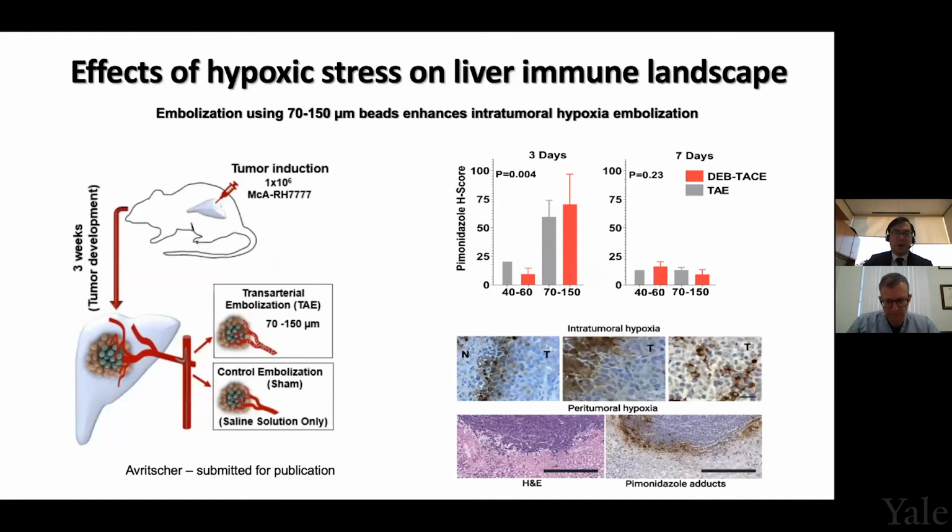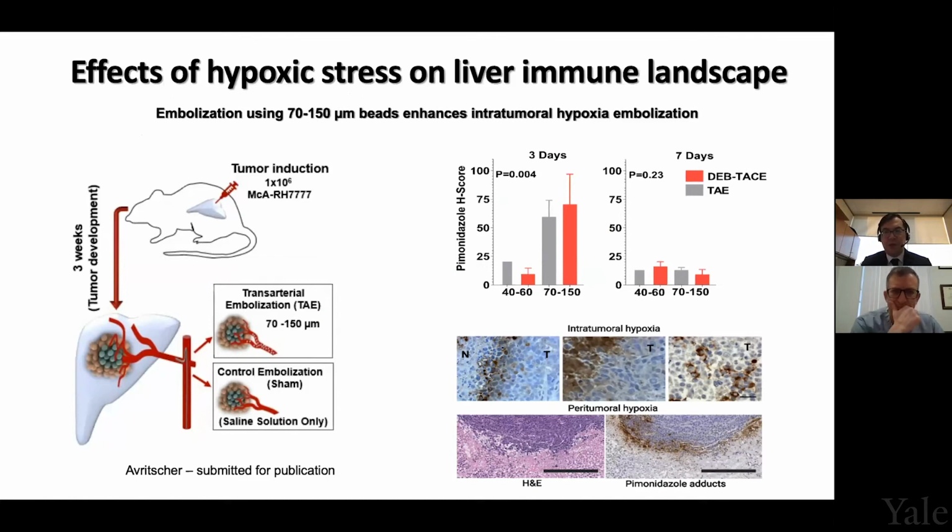So what we found out in our experiments is that, as you would expect, the larger beads concentrate in larger vessels, and they cause a more widespread effect in the tumors.